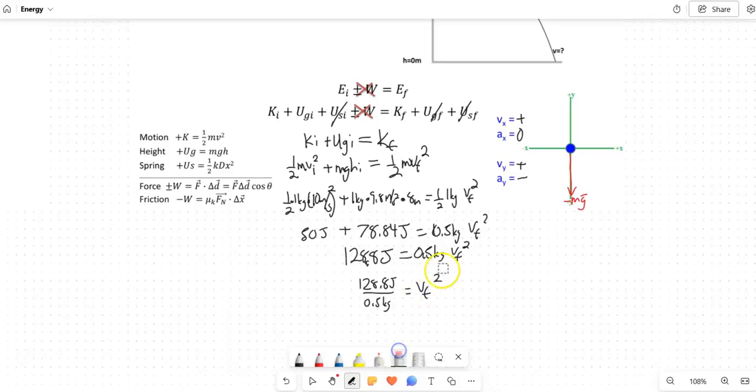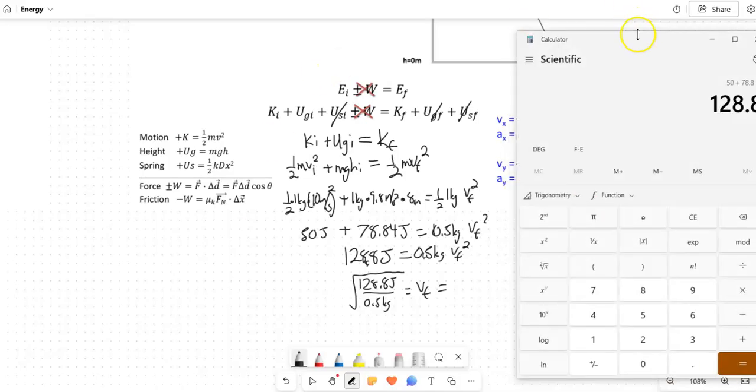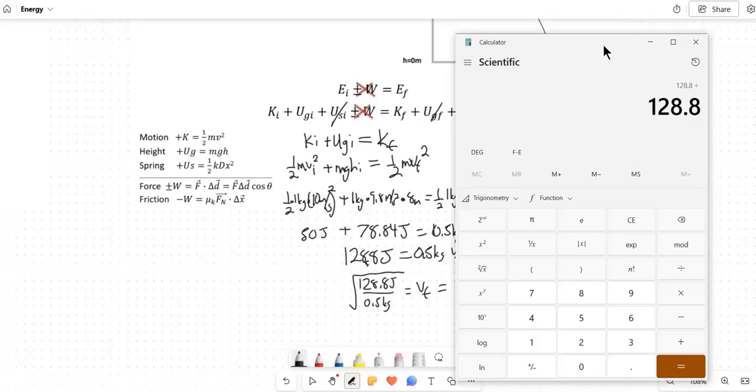If we square root both sides, we will have V final. So take that 128.8 divided by 0.5 and then square root it. 16.05.